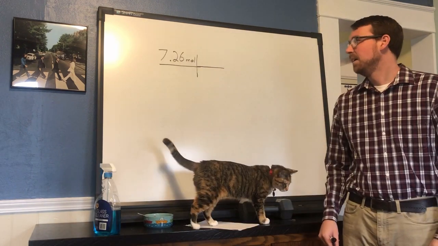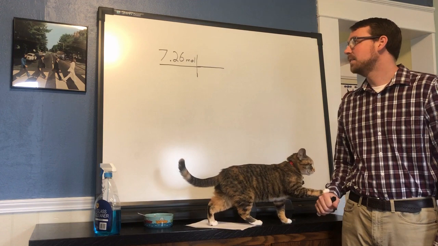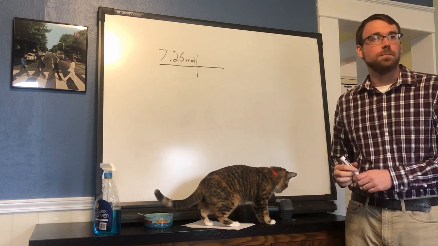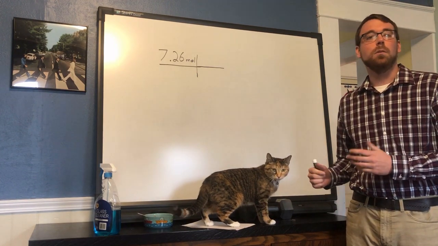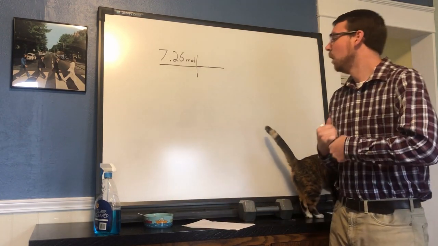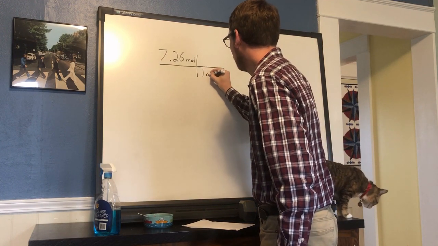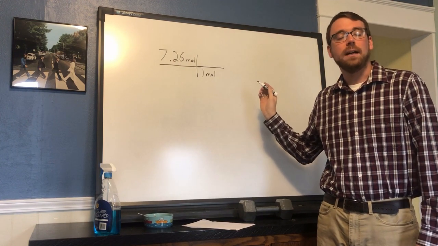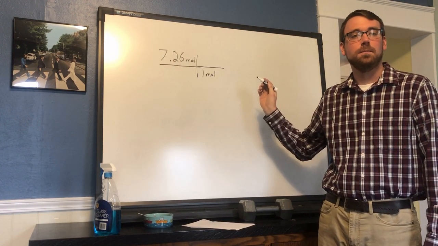mole. Next, we will be finding the number of grams in 7.26 moles of H2SO4. To do this, we are going to need to have the molar mass of our sulfuric acid. We are going to, in this case, put 1 mole on bottom, and on top we are going to put the molar mass. Pause now if you would like to solve for the molar mass yourself.